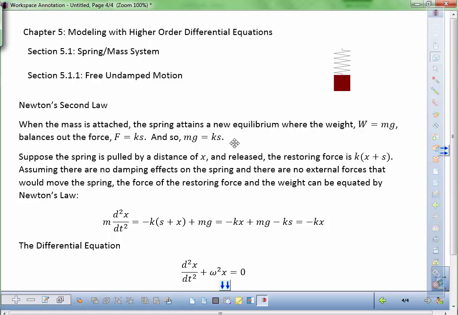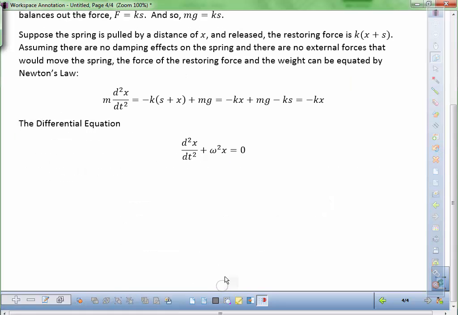When there's no damping going on, the damping, the friction, is going to slow down the velocity, and the velocity is the first derivative of the motion, right? So without any damping, you don't have any friction happening.